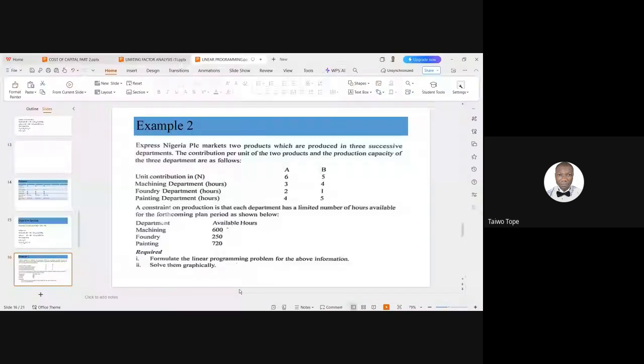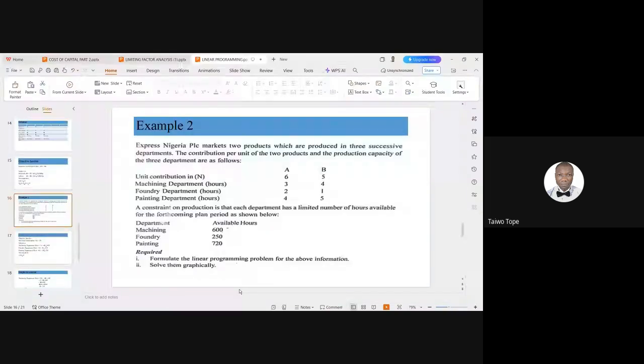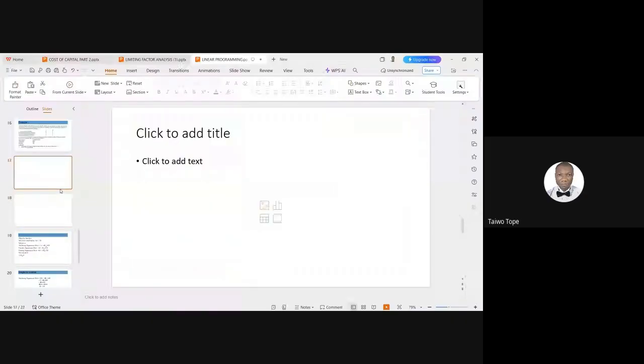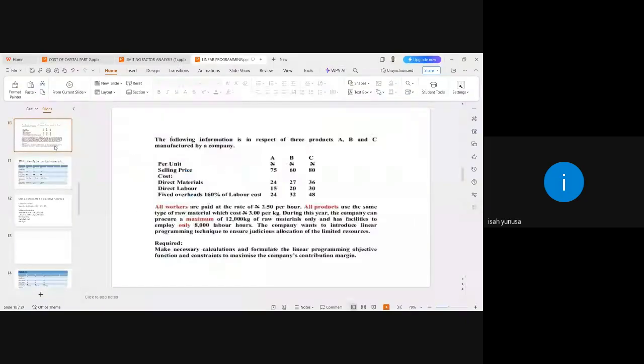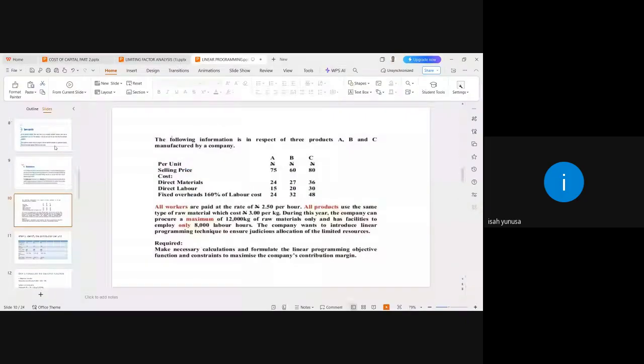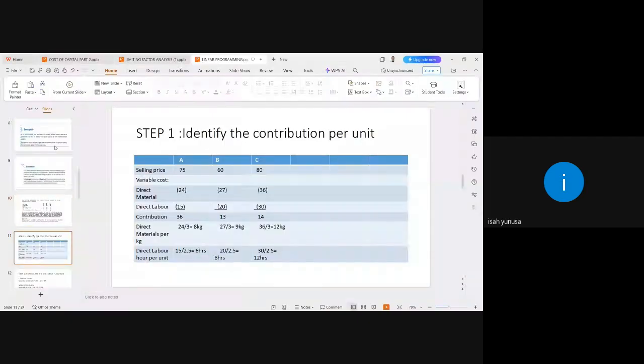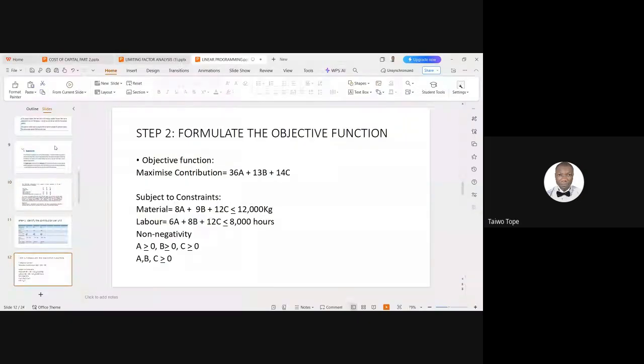Let's look at this now. Can somebody read? Sir, please, I want to get the solution, please. No, the page before this one.